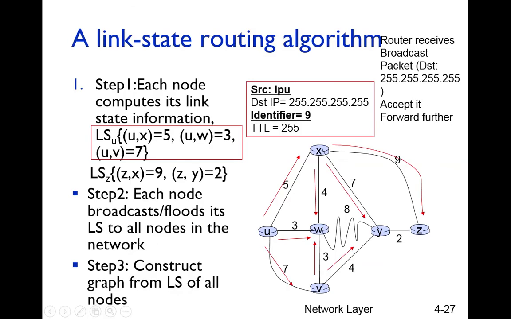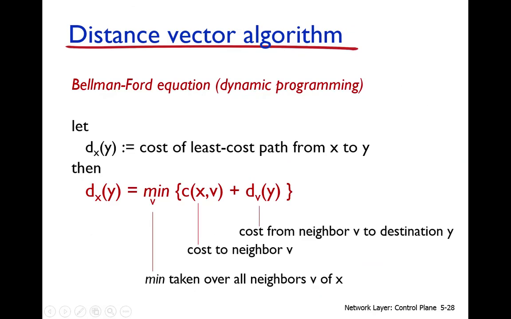Okay, so this is called the Bellman-Ford equation. If a node x wants to reach y, and it has neighbors v, then from the set of v neighbors it receives the path toward y.